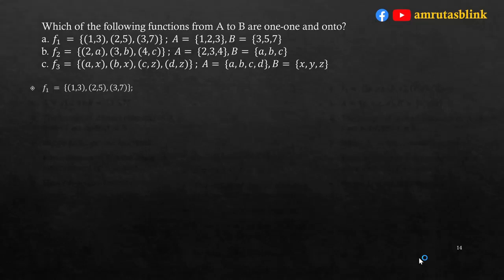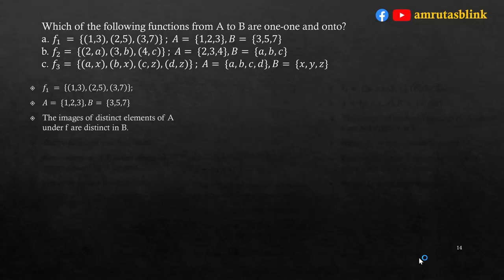Now f1 is equal to {(1,3), (2,5), (3,7)}, whereas A is equal to {1, 2, 3} and B is equal to {3, 5, 7}. Now in this case, if we observe, 1 is related to 3, 2 is related to 5 and 3 is related to 7.